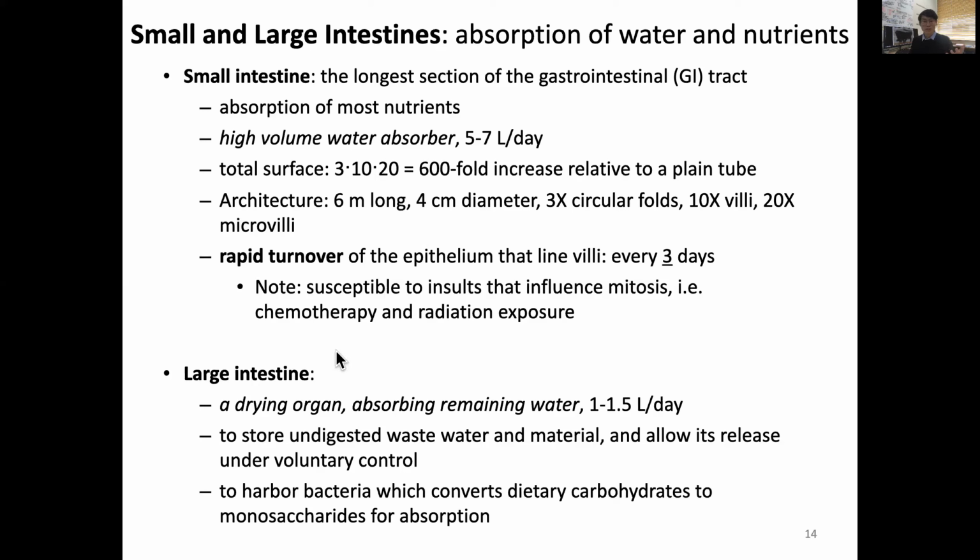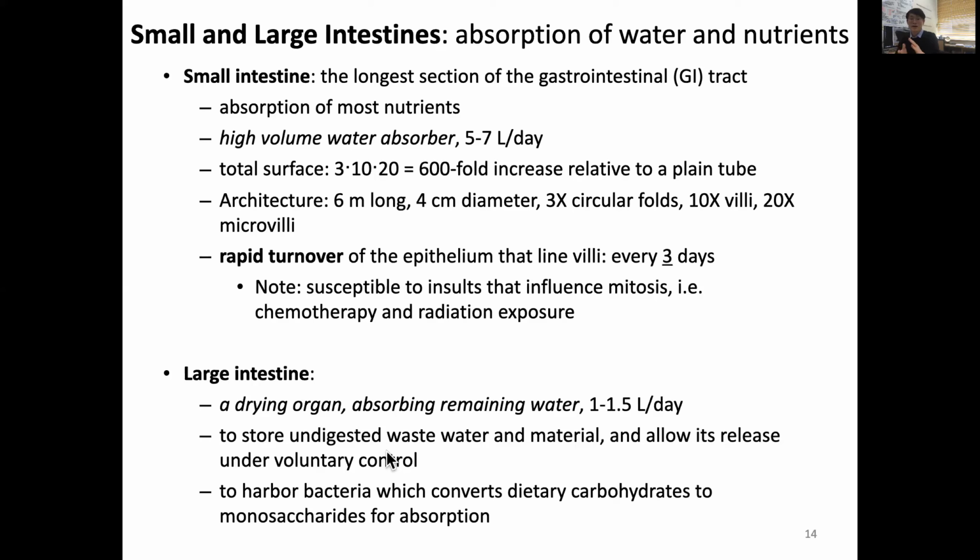In comparison, the large intestine you can call a drying organ because it makes the final stool. It absorbs the remaining water, 1 to 1.5 liters per day. It also stores undigested waste material and allows it to be released under our voluntary control when we want to go to the restroom.